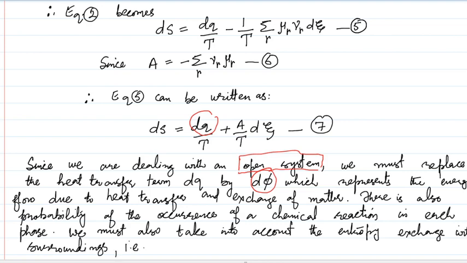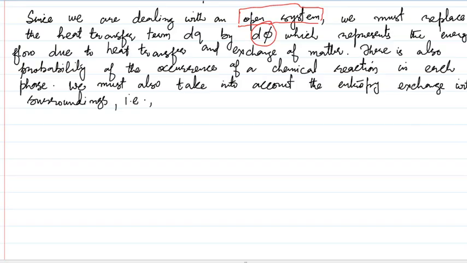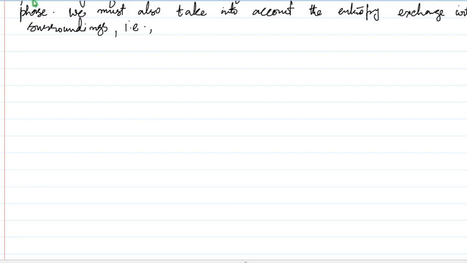That is, we can simply write a simple equation here, which is TES, that means entropy exchange with surroundings, it will be represented as d phi upon T minus summation gamma mu gamma upon T dE n gamma. We will name it as equation 8.